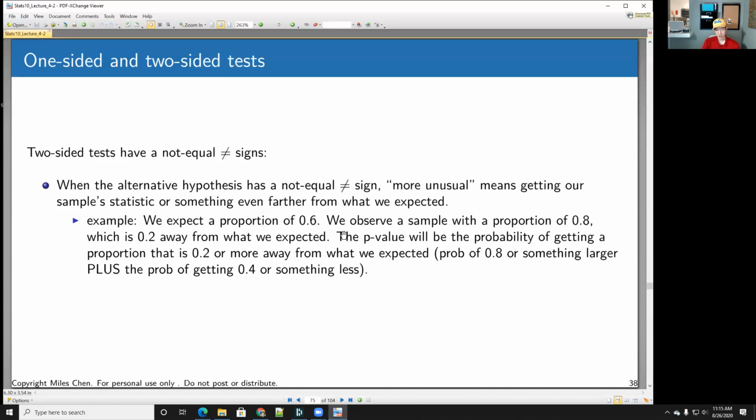So the p-value we calculate is the probability of getting a proportion that is 20% or more away from what we expect. That's the probability of getting 80% or something larger, 20 percentage points or more away from the expected 60%, plus the probability of getting 40%, which is 20 percentage points away on the other side, or something even less.